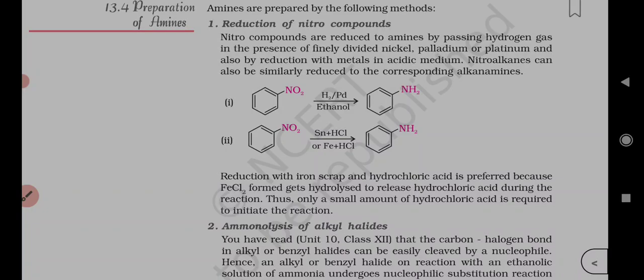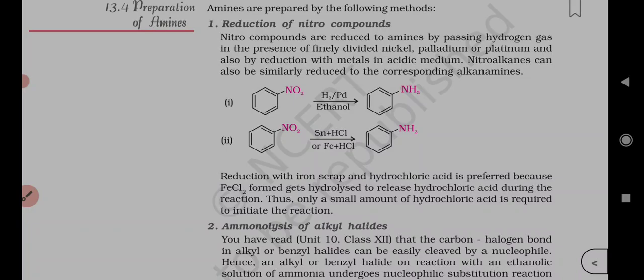Metals like tin, Sn plus HCl, or Fe plus HCl, you will get aniline and benzenamine. Reduction with iron scrap and hydrochloric acid is preferred because FeCl2 formed gets hydrolyzed to release hydrochloric acid during the reaction. Thus, only a small amount of hydrochloric acid is required to initiate the reaction.